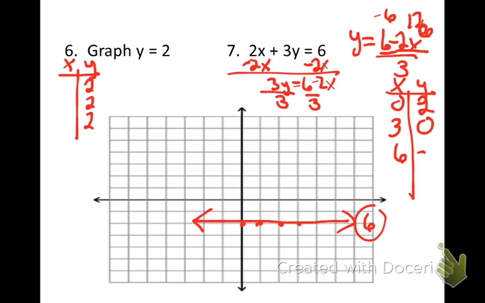Divided by 3 would be negative 2. So 0, 2, right there, 3, 0, and then 6, negative 2, right here, run into my other line. That would be number 7.